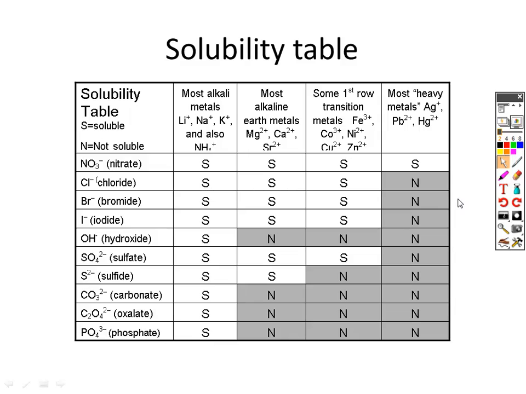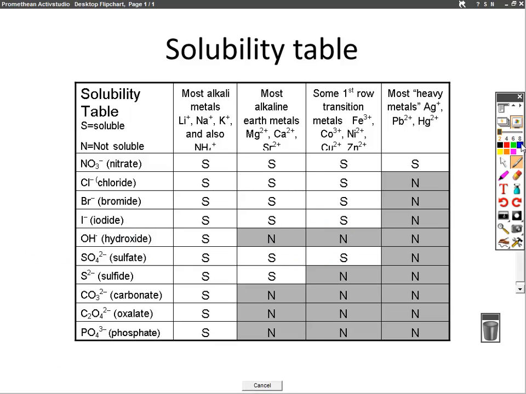Moving forward, we have this chart here. It's a solubility table. Notice that S here is soluble and N is not soluble. It's important to pay attention to the key. So if we look up where we have lead right here, and we look at chloride, this is the anion, they come together here at an N. And N means not soluble.